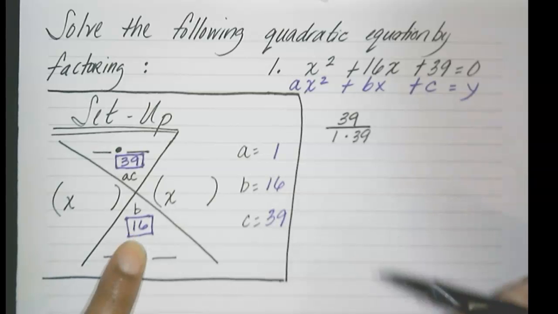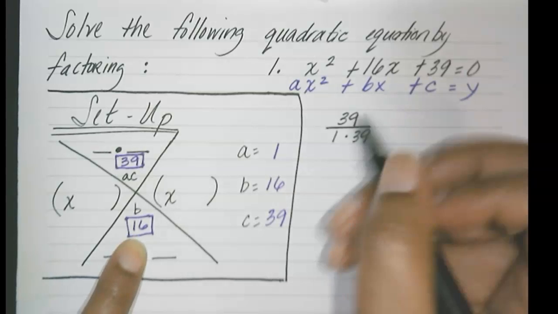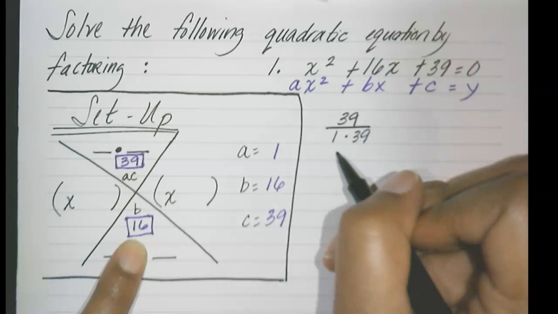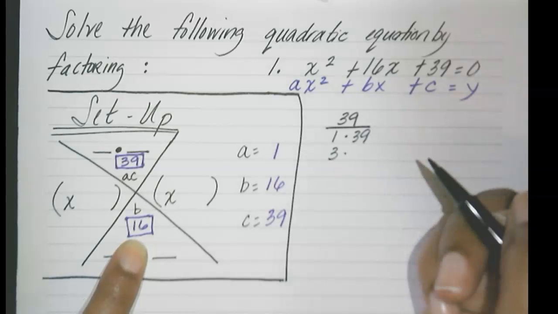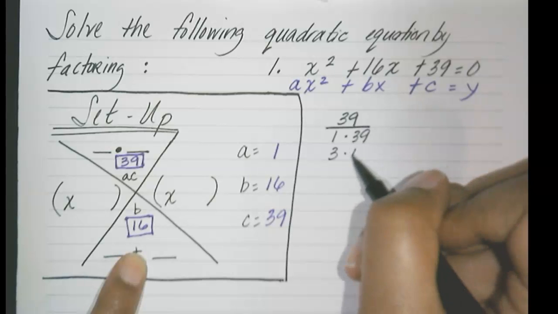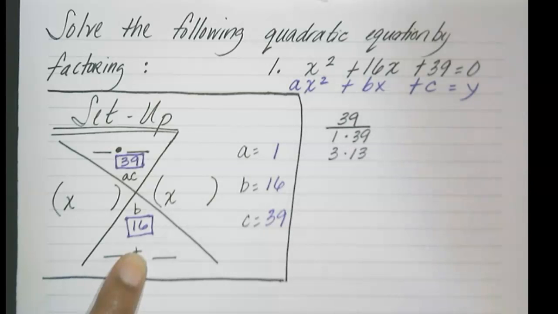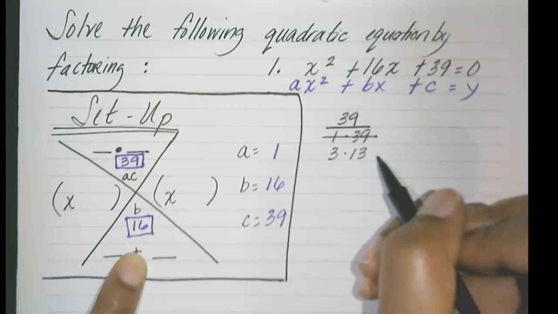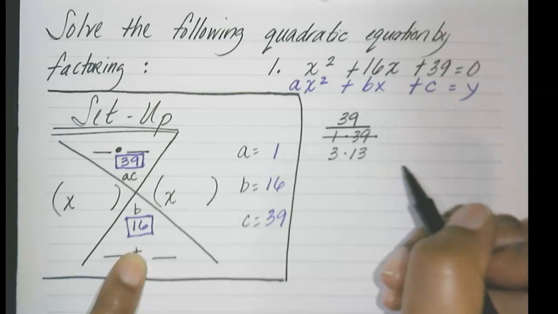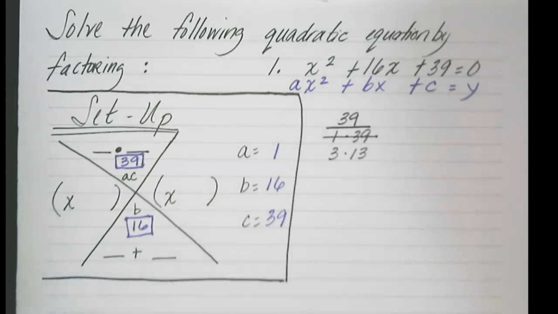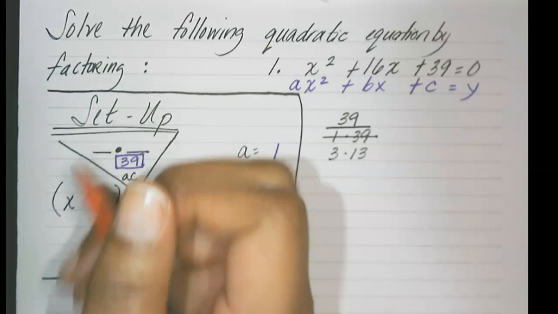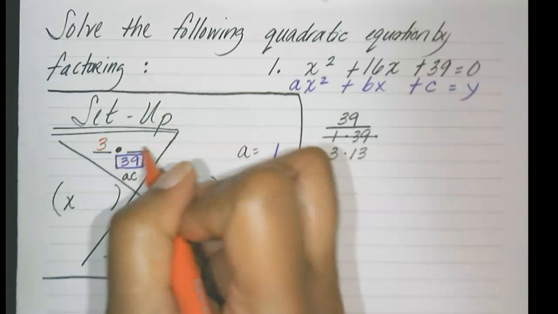Because we want to be able to add these to get 16. No. Okay, 2 does not work. It's not even. 3 times 13 would give you 39. 1 and 39 did not work, but these two will add and give you 16. So in this case, our factors are 3 and 13.